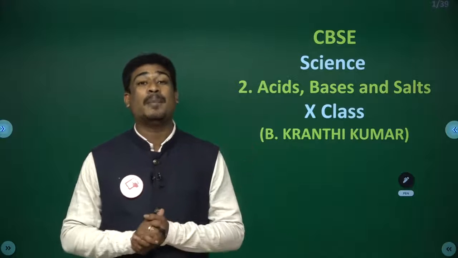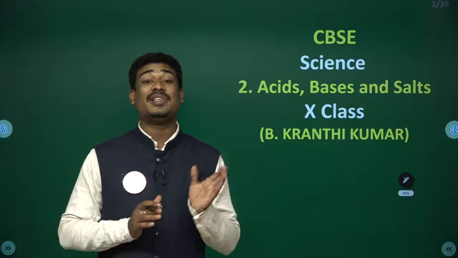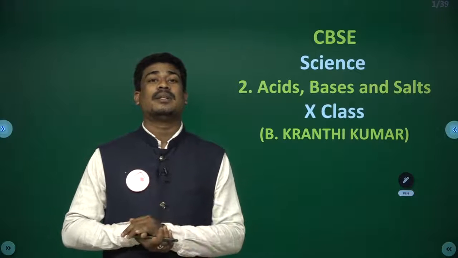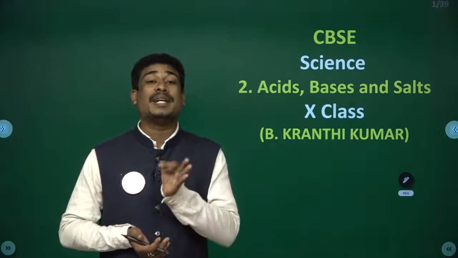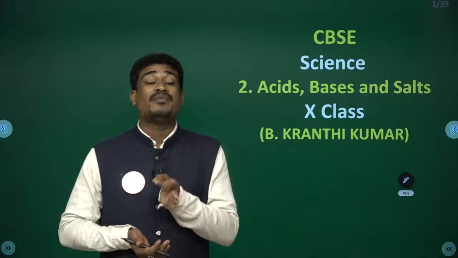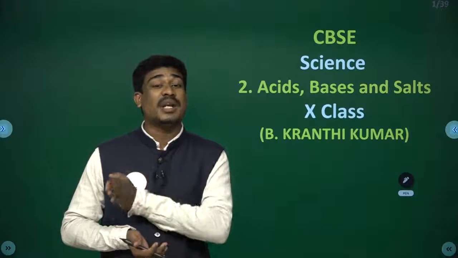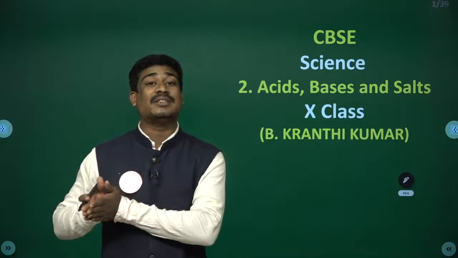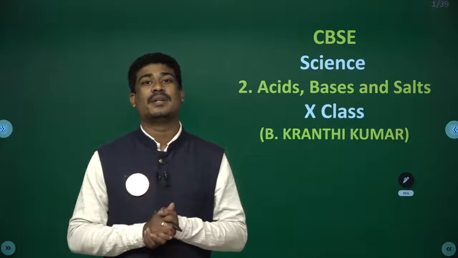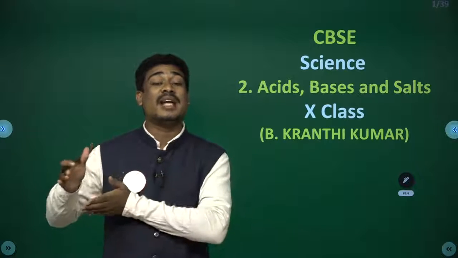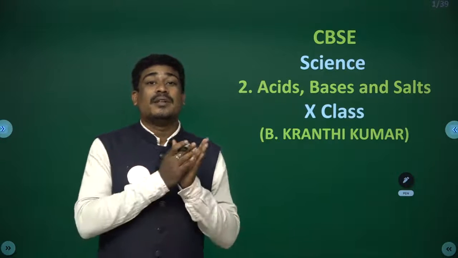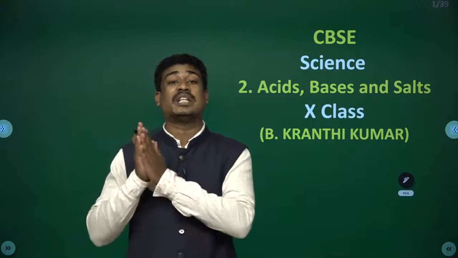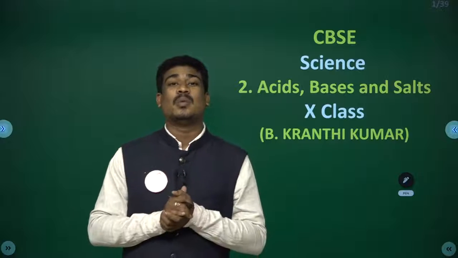By testing the compounds with indicators, if we keep blue litmus paper in a solution and the blue color changes into red, then those solutions are classified as acids.